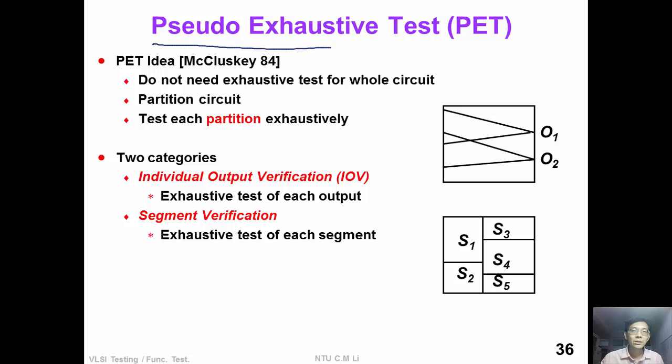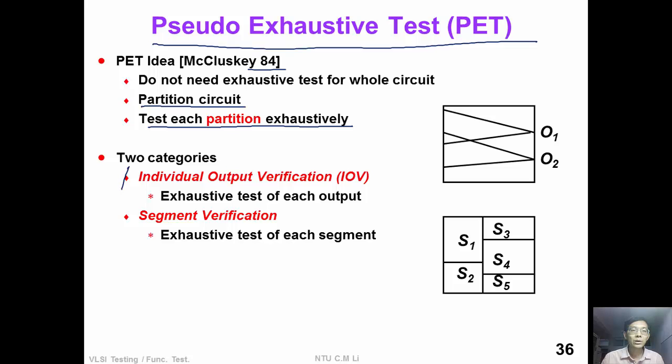Pseudo-exhaustive test, or PET, was proposed by McCluskey in 1984. The idea is that we actually do not need exhaustive test for the whole circuit. We can just partition the circuit and test each partition exhaustively. There are two categories of PET.